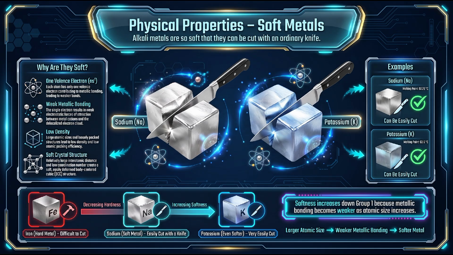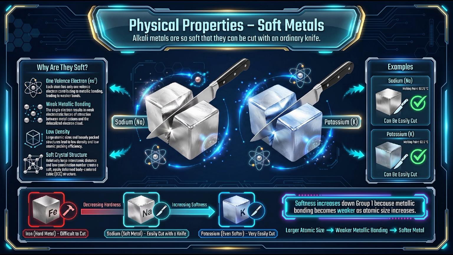The softness of alkali metals is also reflected in their low melting and boiling points. Since metallic bonds are relatively weak, only a small amount of heat energy is needed to overcome these attractions. Therefore, alkali metals generally have much lower melting and boiling points than most other metals.